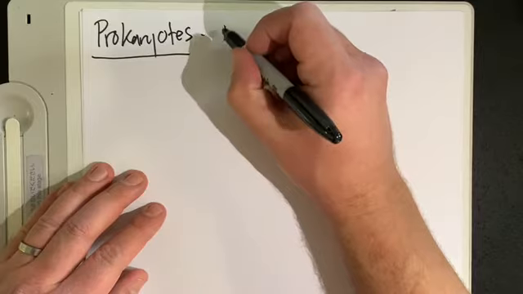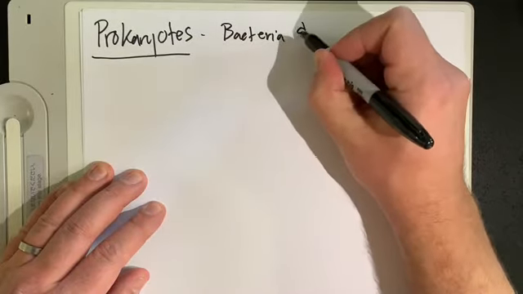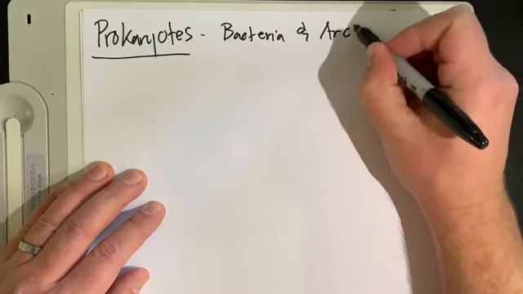All right, so prokaryotes are very simple cells. Most of the time they are single cellular organisms. So when we think of prokaryotic cells, we think of things like bacteria and archaeans.